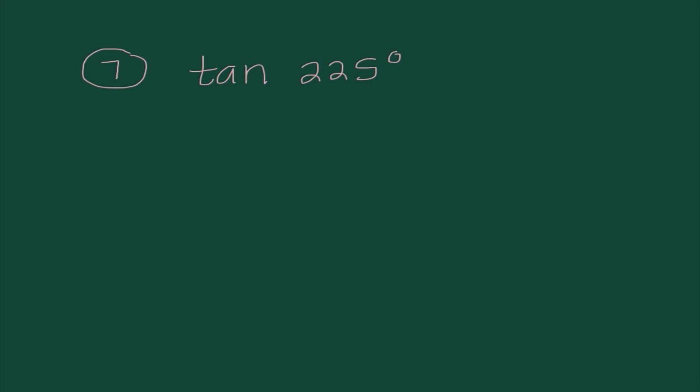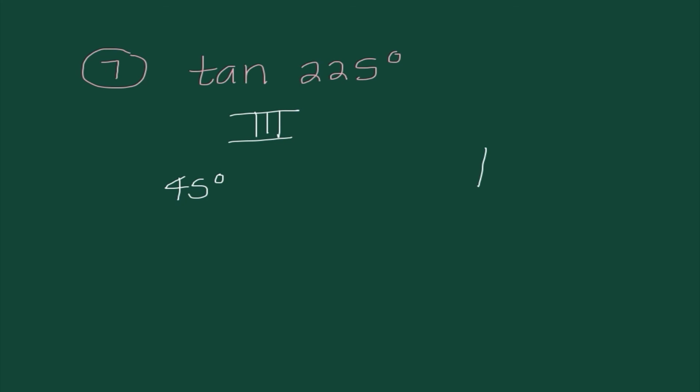Okay, so tan of 225. I know 225 is in quadrant 3. The other thing that I can determine is that 225 is 45 degrees away from the nearest x-axis because it's 45 degrees away from 180. So if I have this memorized, I know tan of 45 degrees is 1.